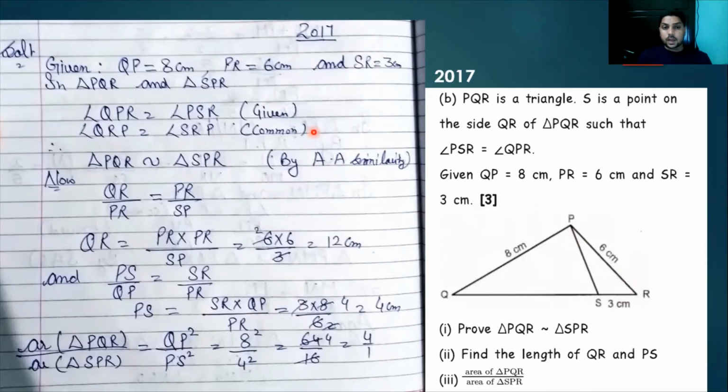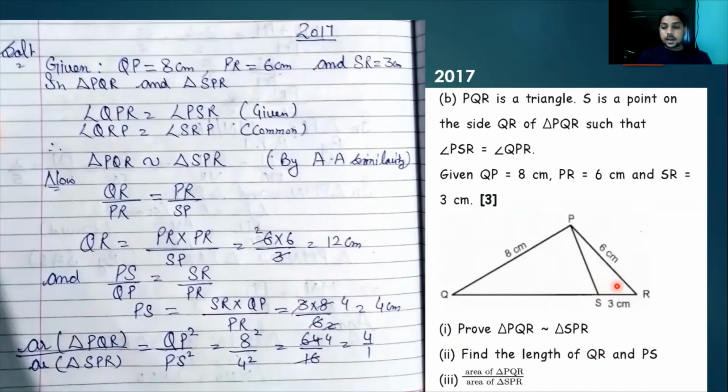So we have common angle R in both triangles. So on the basis of angle similarity, we can prove that triangles are similar to each other. We just have to observe which angles are equal, and on that basis we can prove that the triangles are similar.